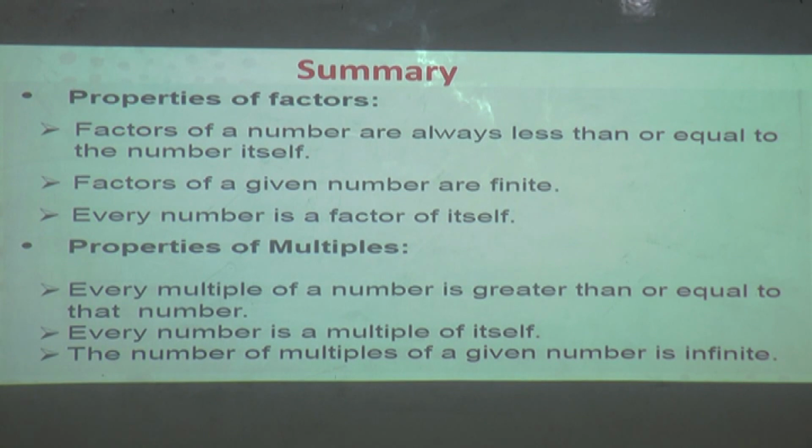Then we have seen the factor tree method. We have solved many word problems. We have solved the different 3 methods by which we find the HCF. The 3 different methods were common factor method, common division method, and then we have also seen the LCM. For LCM also we have 3 different methods by which we can solve.